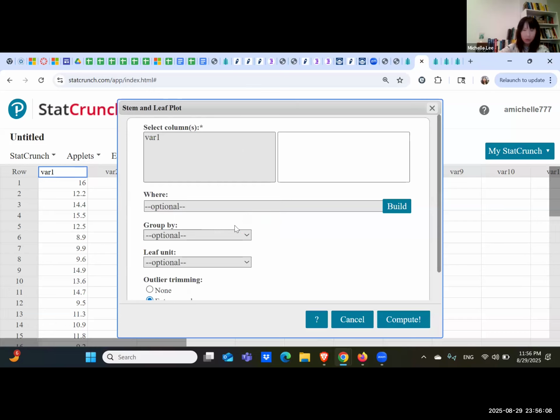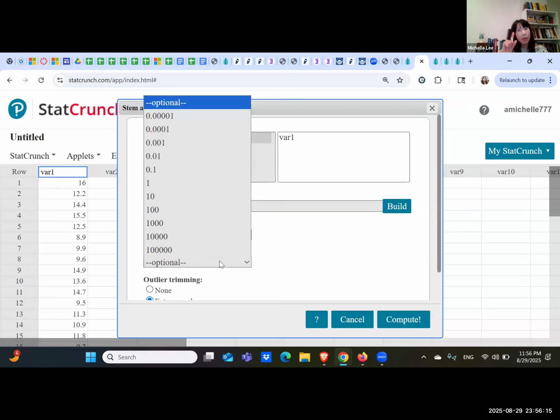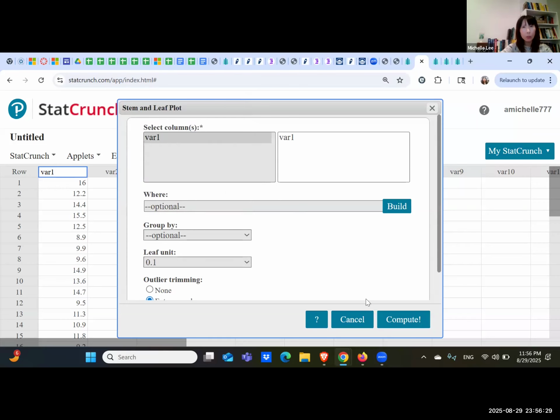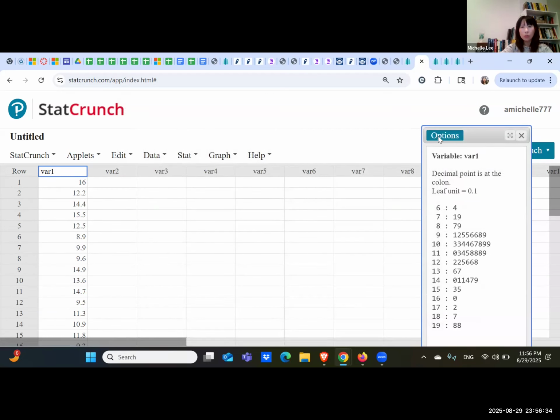Okay, so we click variable one, and then the leaf unit is 0.1, right? The leaf is the rightmost digit, the ones and tenths, so 0.1. Okay, compute.